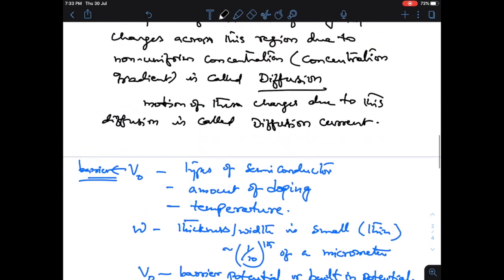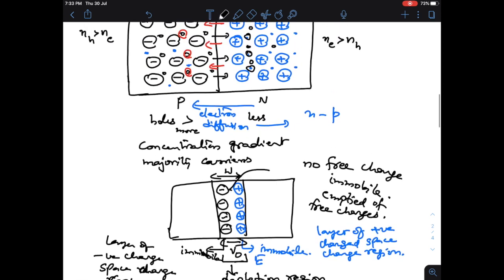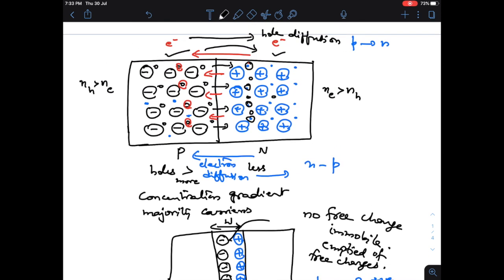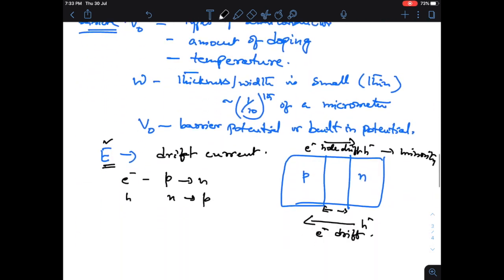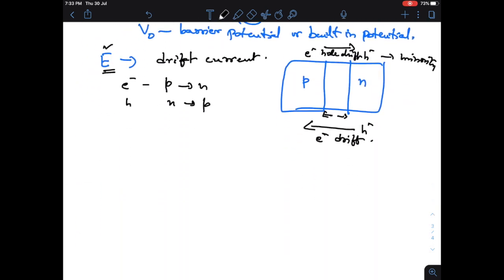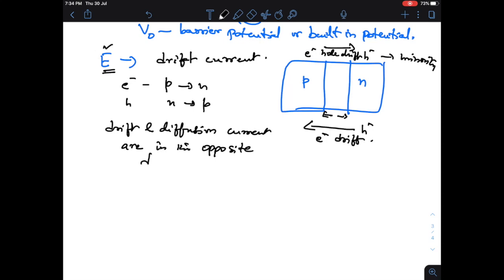As you can see, the electron diffusion is in this direction and electron drift is in the opposite direction, which means drift current and diffusion current are in opposite directions, for either electrons or holes.